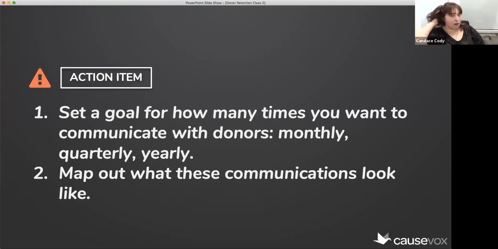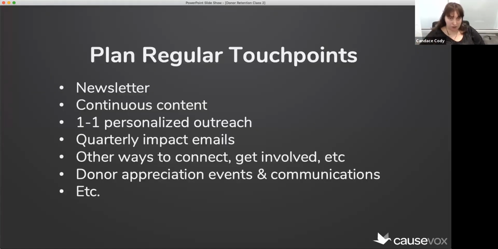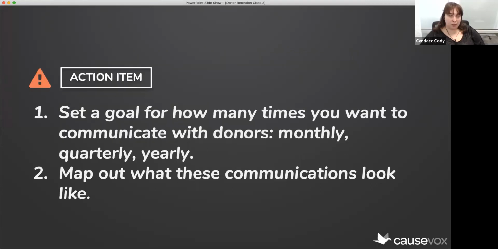And just map out what these communications look like. It might be similar to this list right here, but you'll want to map out monthly what specific touch points you are planning to do with your donors, just so that you have that communications plan in place.